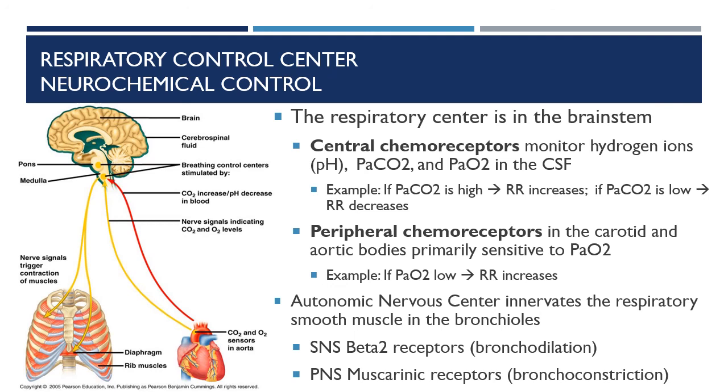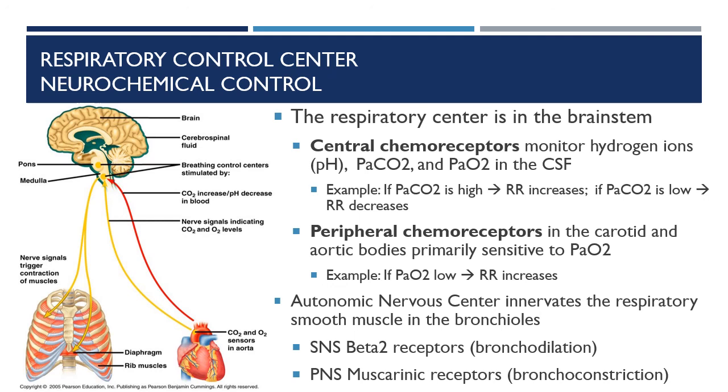Well, that also innervates the bronchial tubes, and it leads to bronchoconstriction. So the smooth muscle that wraps around the bronchial tubes, the parasympathetic system, using acetylcholine as its neurotransmitter, leads to bronchoconstriction. Okay, so we actually have two ways of making the bronchial tubes wider or larger.